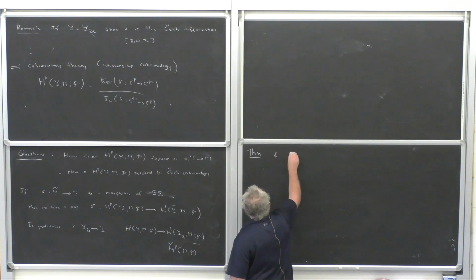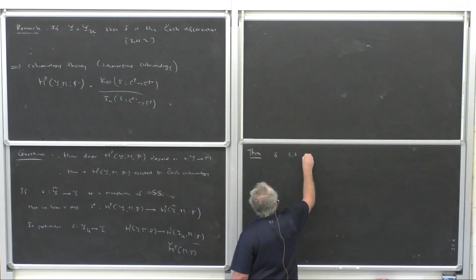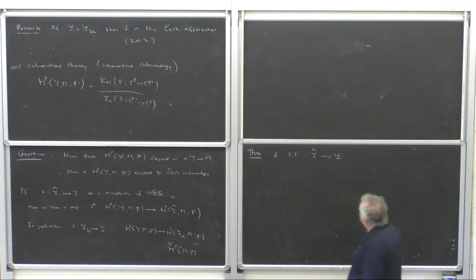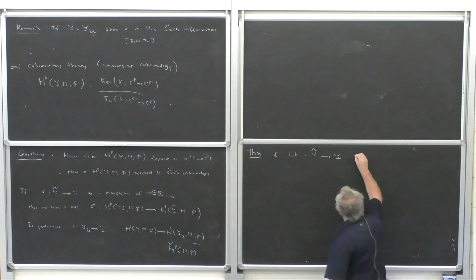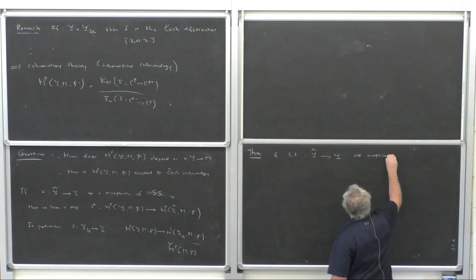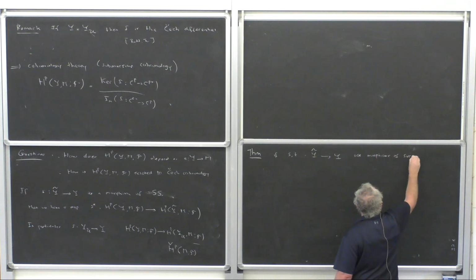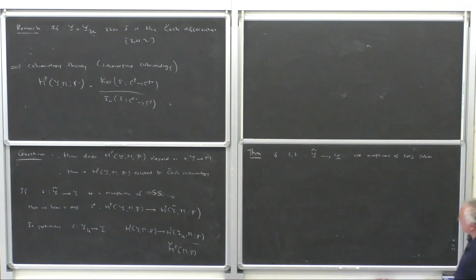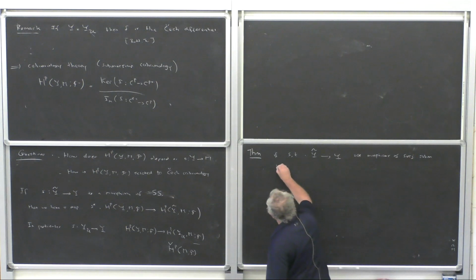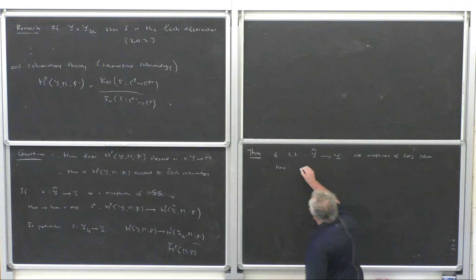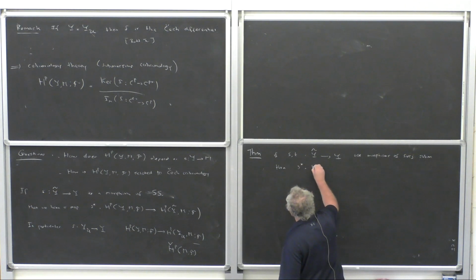If S and T are both morphisms of surjective submersions, for the same Y tilde, then S star equals T star.